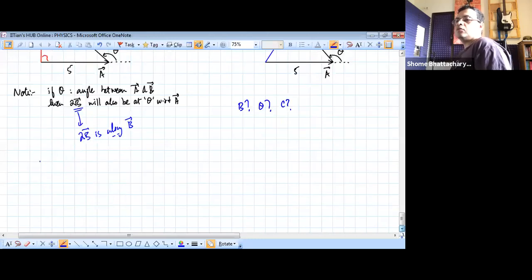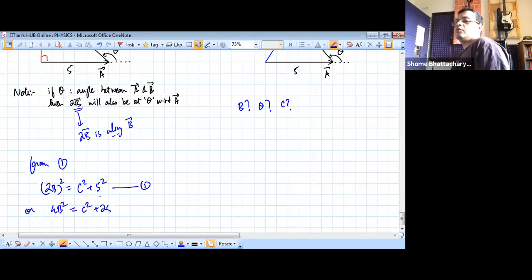So from operation 1, from the first triangle, use Pythagoras theorem. So 2b ka whole square will become c square plus 5 square, or 4b square is equal to c square plus 25. This is the first thing that we are making use of.